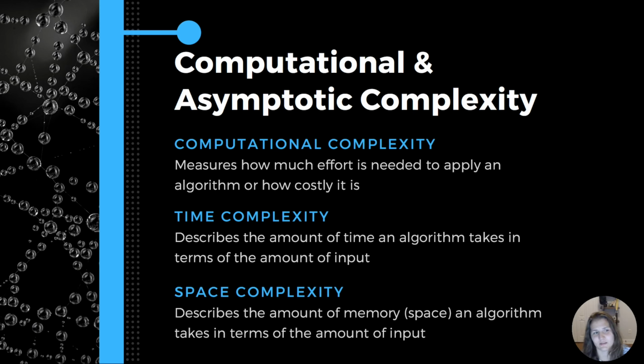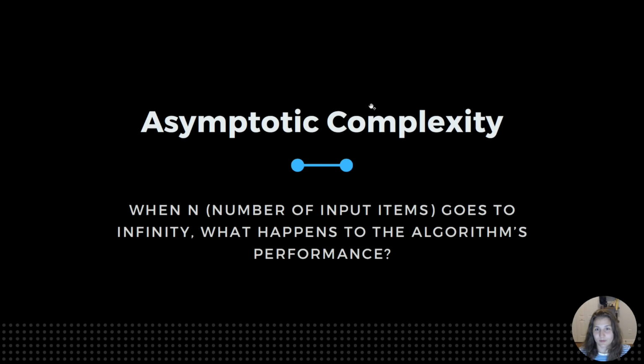And then we have space complexity, which describes the amount of memory, or space, an algorithm takes in terms of the amount of input. For both of these measures, we're interested in the algorithm's asymptotic complexity. Asymptotic complexity asks, when the number of input items, or n, goes to infinity, what happens to the algorithm's performance?